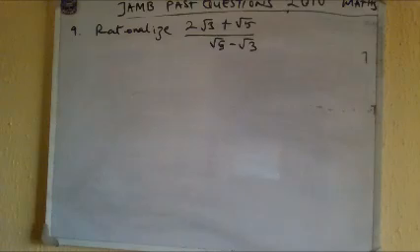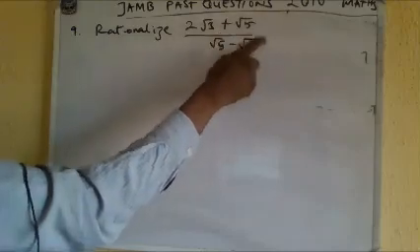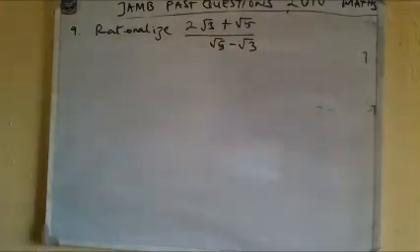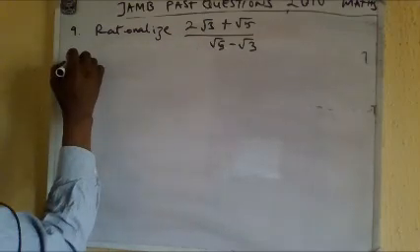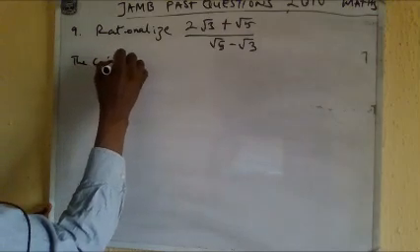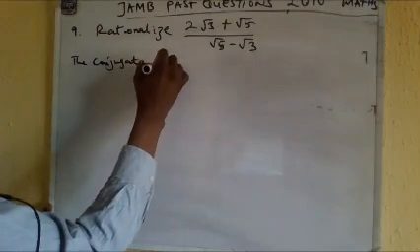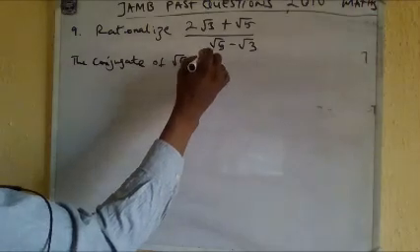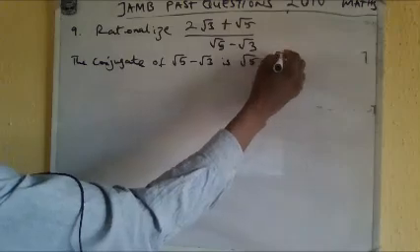Rationalization means that we should look for the conjugate of the denominator and multiply both numerator and denominator by the conjugate. So what is the conjugate of the denominator? Check out my video on surds. The conjugate of root 5 minus root 3 is root 5 plus root 3.